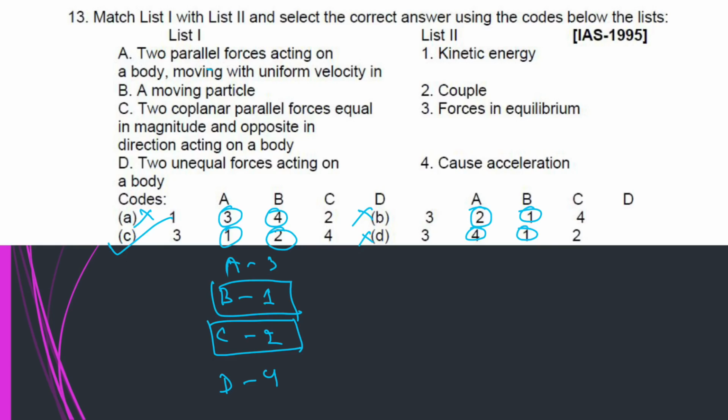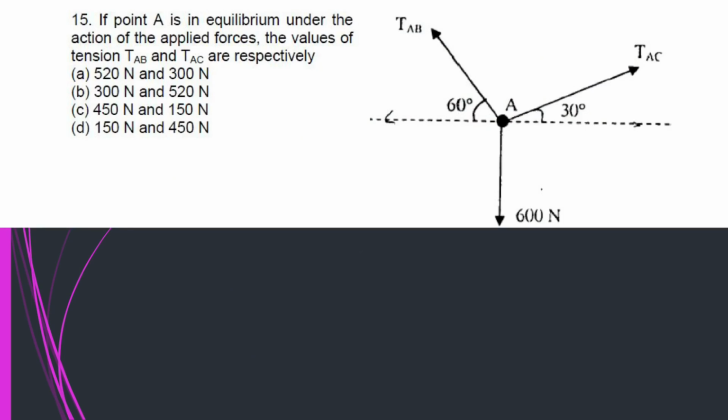If a point A is in equilibrium under the action of applied forces, what are the values of tensions TA, TAB and TAC respectively? So at point A, first we will take the x direction. For equilibrium of point A, Fx should be 0. All forces along the horizontal direction should sum to 0.